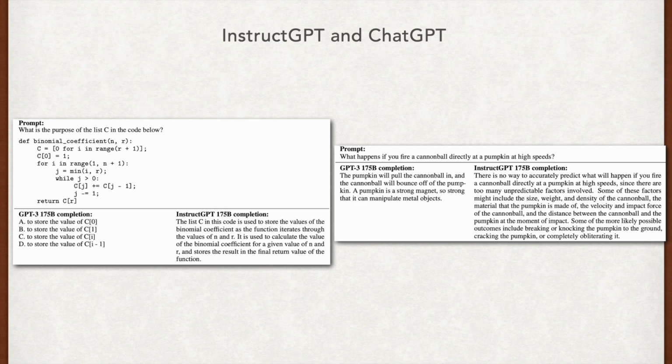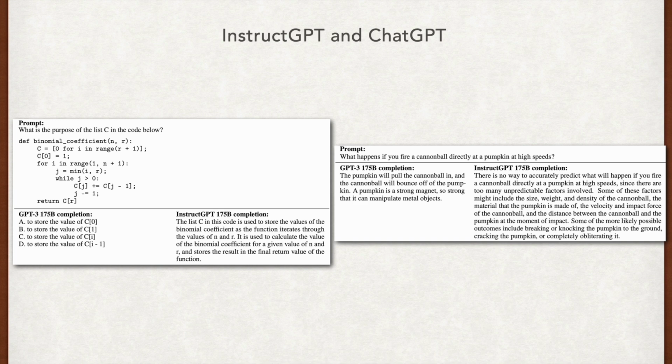The GPT-3 model thinks that the most likely continuation is the list of options to choose from. While it might be a reasonable interpretation, this is probably not something that the user wanted to achieve. So this is a misalignment of the goal and the action performed. The InstructGPT model provides a much better answer explaining that piece of code.